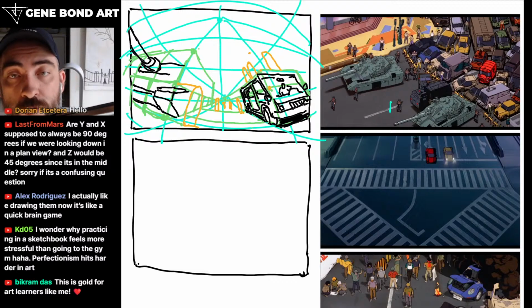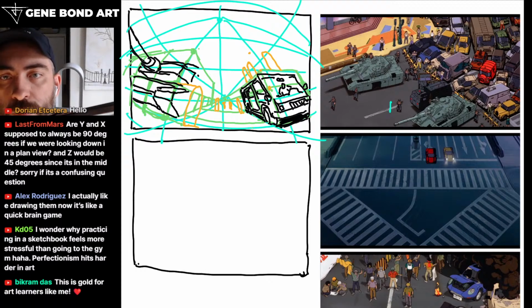But with this ratio you can draw a very accurate, very precise detailed structure, like Scott Robertson, for a tank, for vehicles, for everything.